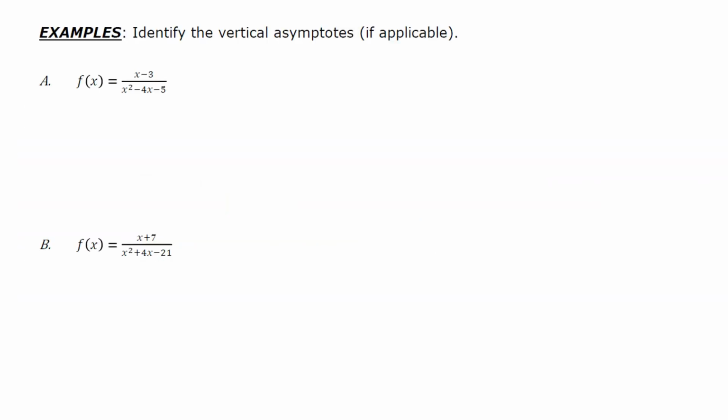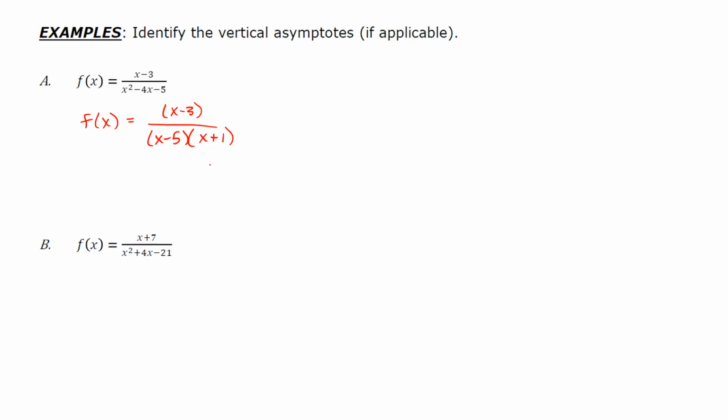So in these examples, we're asked to identify the vertical asymptotes. For all of these, we're going to first put our f of x as a product of linear factors, and then we are going to identify our asymptote. So if we take f of x and rewrite this in factor form, we'll have x minus 3 in the numerator, and then this quadratic is going to simplify to the factors x minus 5 and x plus 1.